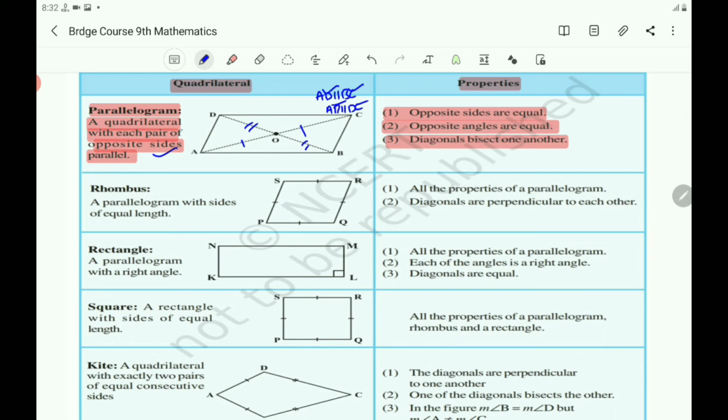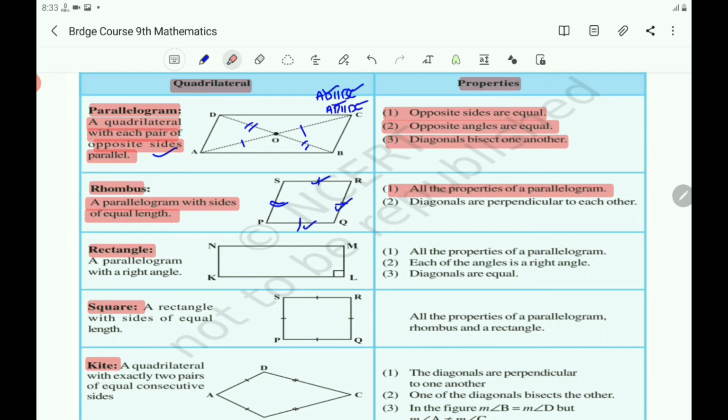Next, now let us go to the properties of the different types of parallelogram: rhombus, rectangle, square, kite. Now, what is rhombus? It is a parallelogram with sides of equal length. In rhombus, all the four sides are equal. So, all the properties of parallelograms hold good for the rhombus.